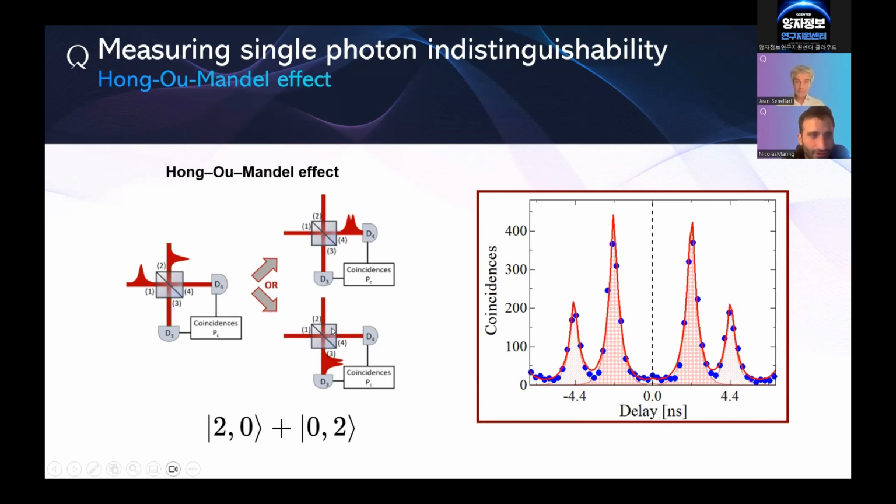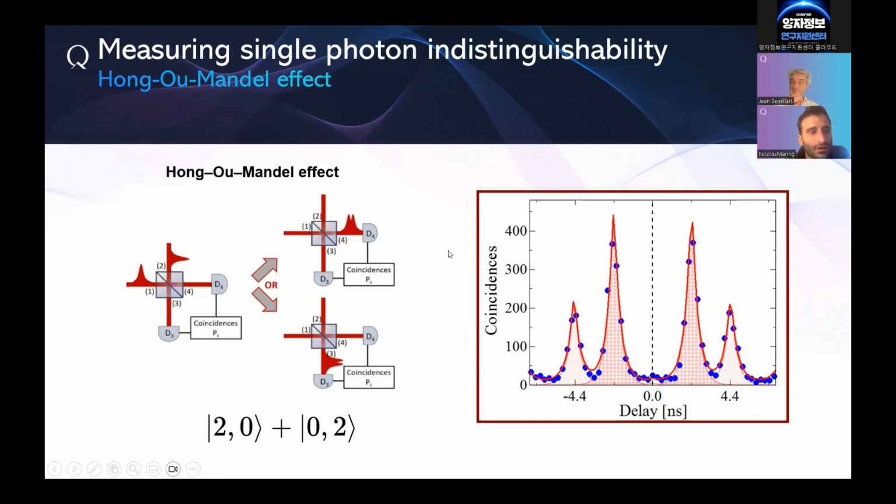What you will measure is very similar. No coincidences will happen at the same time, because the two photons will be detected by the same detector. And what you actually create is a very simple entangled state where you have two photons in one mode and zero photons in the other mode. This metric is what we call the HOM visibility, or indistinguishability.